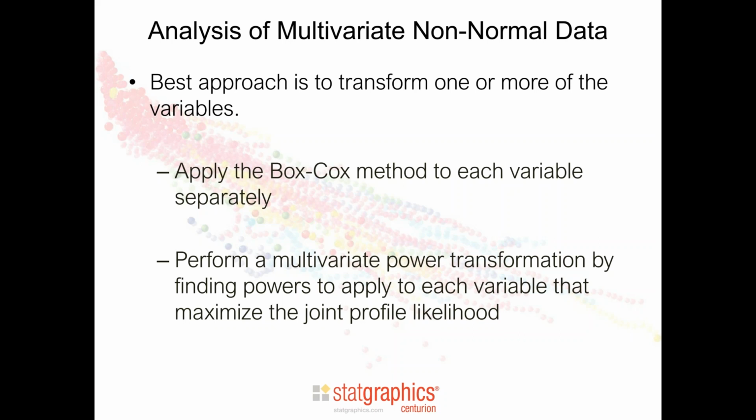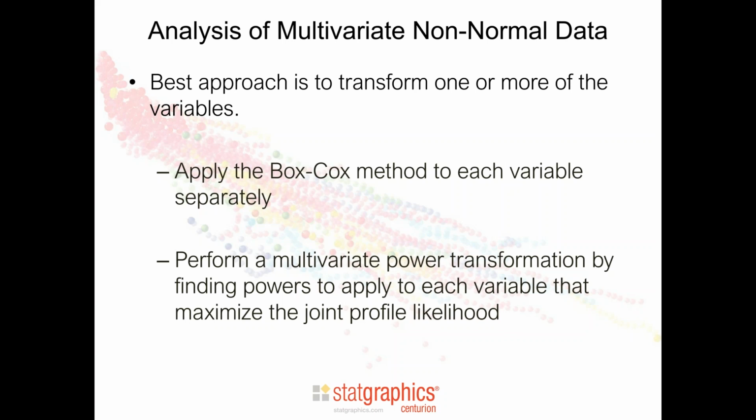Now, there's one more topic that I wanted to talk about before I stopped, and that is, what do I do when I have multivariate non-normal data? What do I do if I have 2 or 3 variables that I want to look at jointly, but they do not follow a multivariate normal distribution?